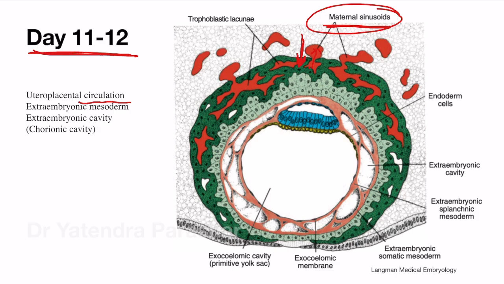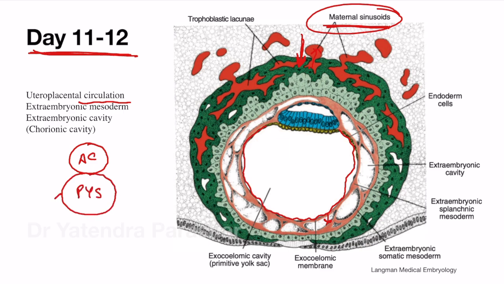And another cell layer, which is secreted by this Heuser's membrane, is known as the extraembryonic mesoderm. This is the amniotic cavity and this is the primitive yolk sac.